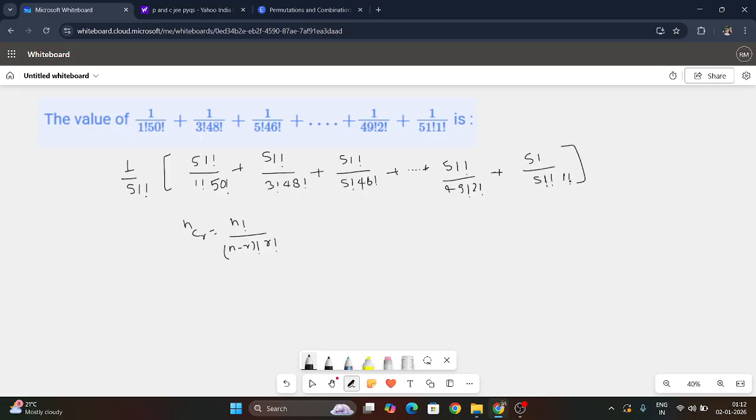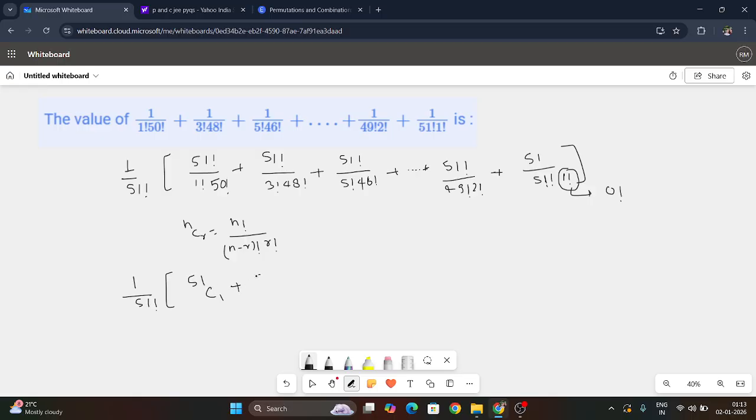So in place of this 1 factorial, if we write 0 factorial, it is going to be better for us, and this will become 51C0.